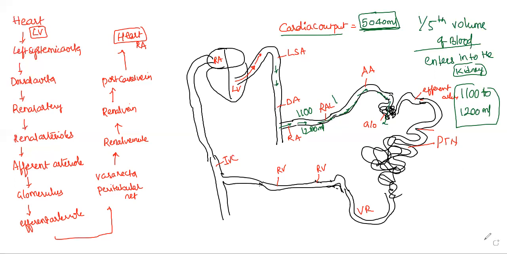We are going with another sequence here, the sequence of Bowman's capsule. When we start the story from Bowman's capsule, it opens into proximal convoluted tubule, PCT, isn't it?